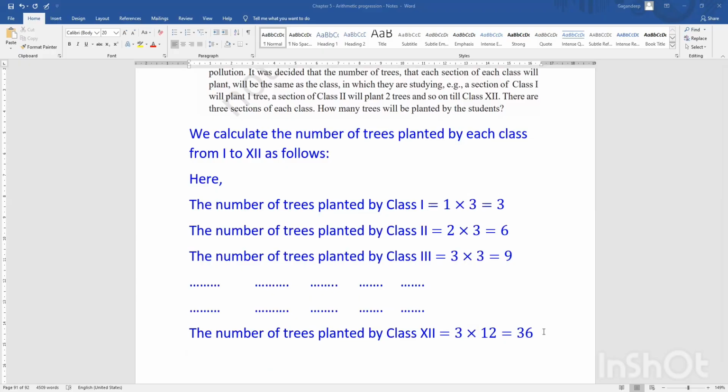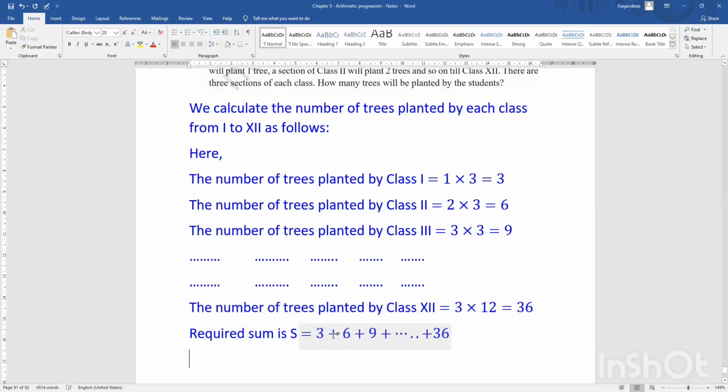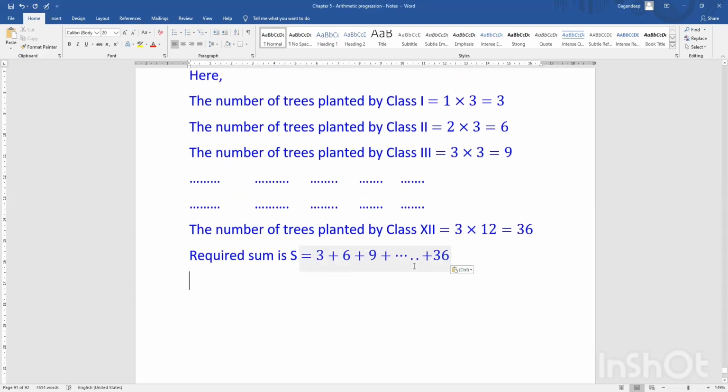Now here the required sum is 3, 6, 9, and so on, so we need to add it up to 36. So we have A1 as 3.